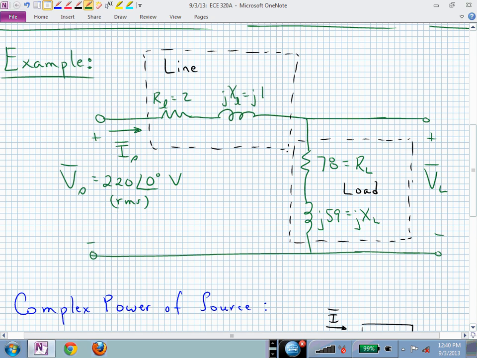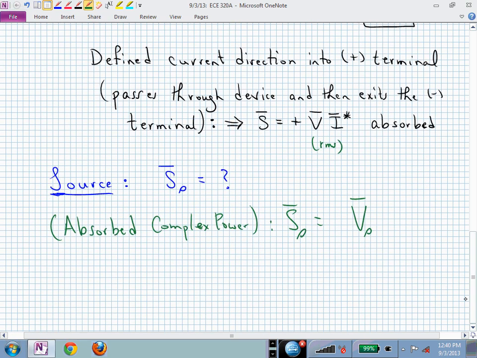So, if I'm interested in the absorbed complex power, then if the current was going into the positive terminal, it would look like that. But since it's not, that's the way I would have to define the complex power absorbed by this in this circuit, the way I've labeled it, with V sub s and I sub s bar. But just the opposite of being absorbed is supplied.